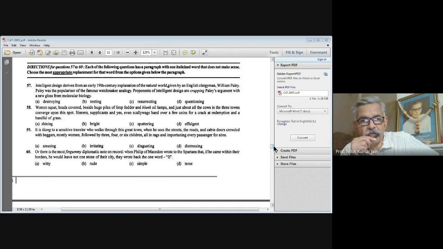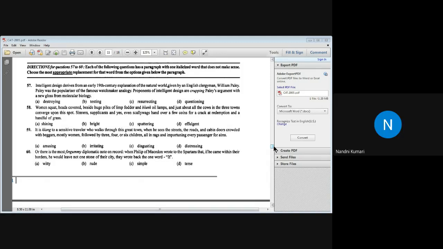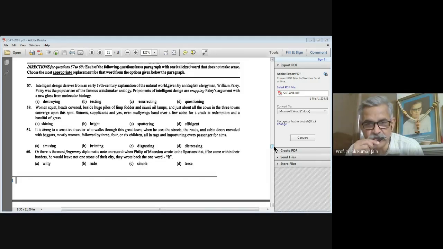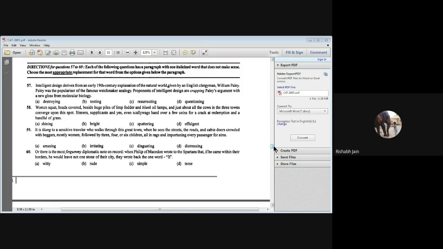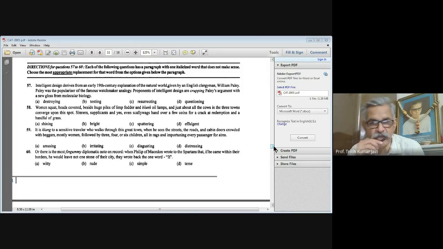Effulgent means shining. Sputtering is again, just like a dim light, a little bit shining. Sir, option B. B means bright. Sputtering, I'll check it again on Google.